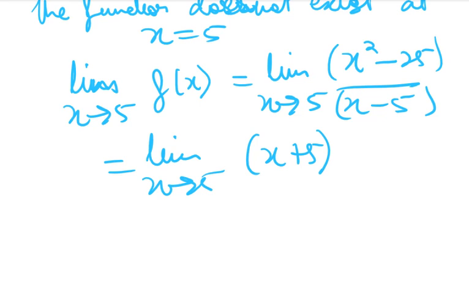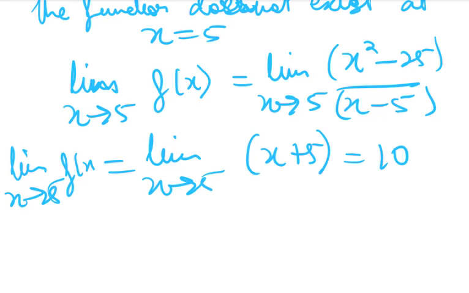Obviously x minus 5 got cancelled, answer is 10. So limit x tends to 5 f of x, the answer is coming as 10, whereas the function is undefined at x equal to 5.